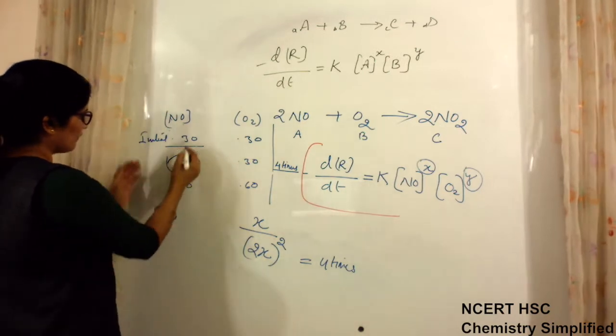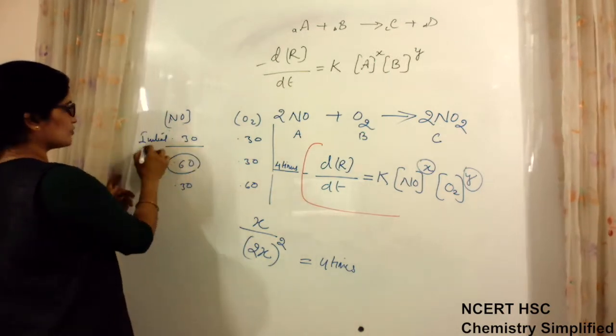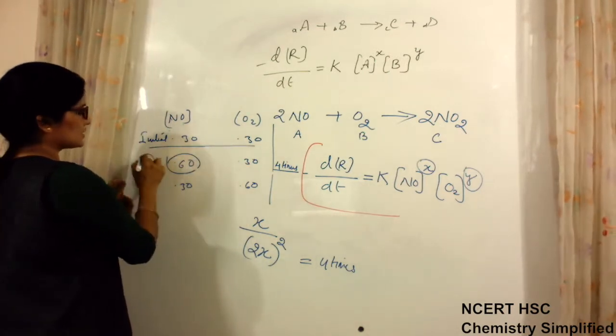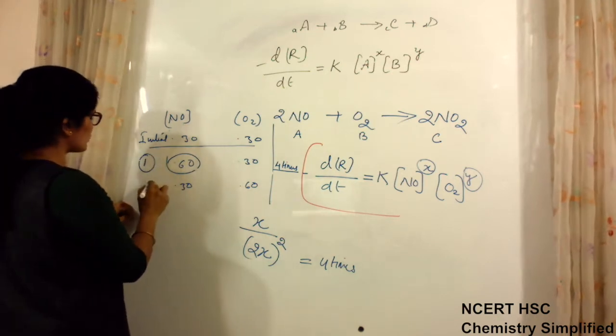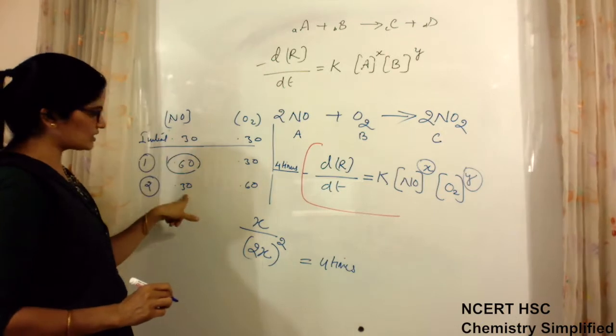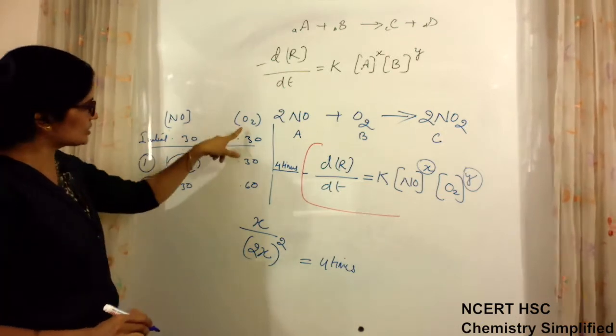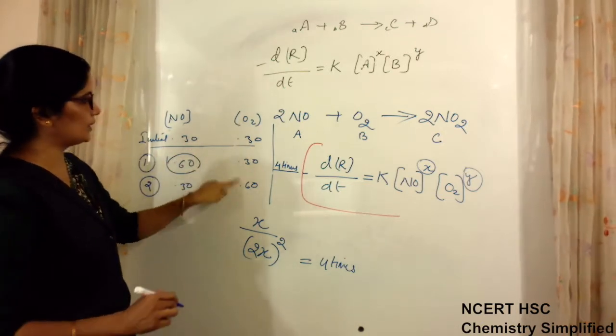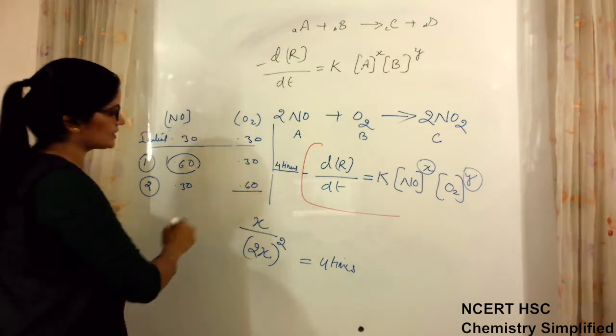Secondly, in the second variation which was done, the concentration of NO was kept same, but the concentration of O2 was doubled, 0.30, now it became 0.60.